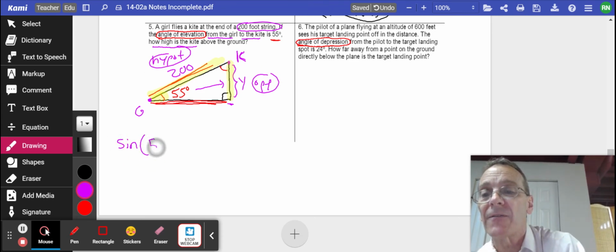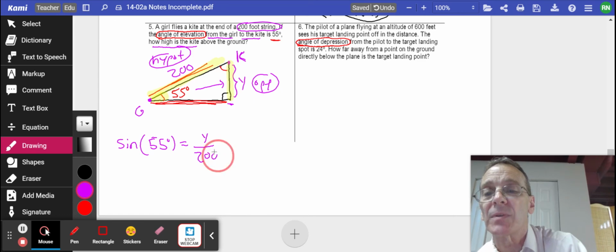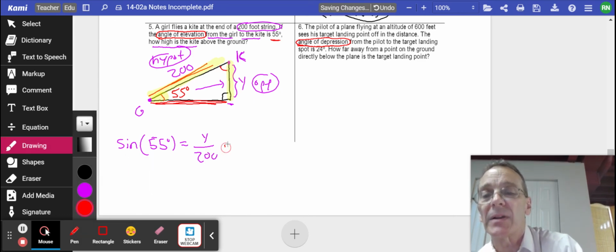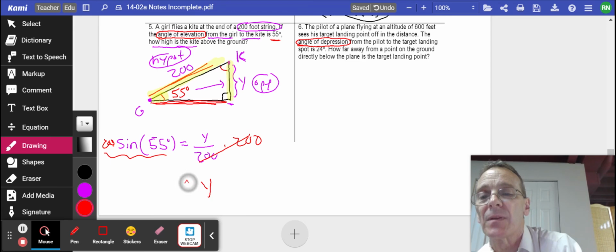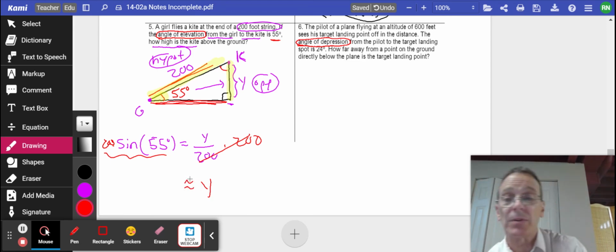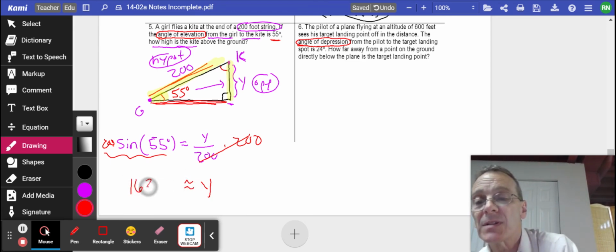So sine of 55 degrees is equal to the opposite, which we don't know, over the hypotenuse, which we do know. Multiply both sides by 200 to isolate the Y. And then pick up your calculator and put all that in. And my result from earlier told me 163.8. So the kite is 163.8 feet high.